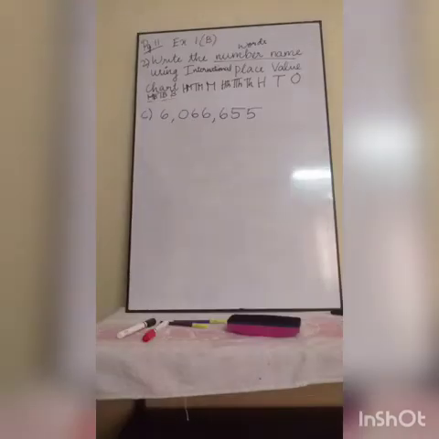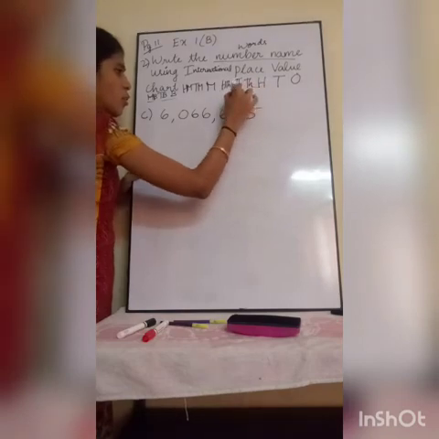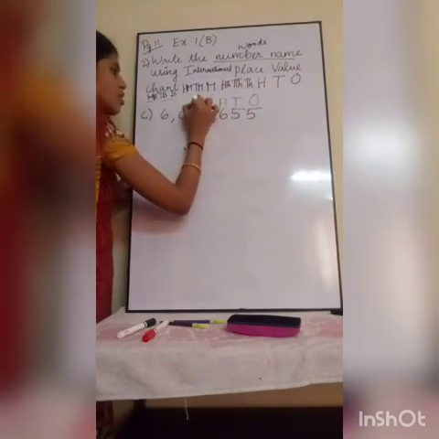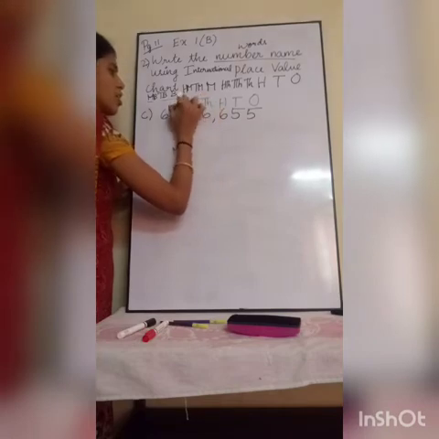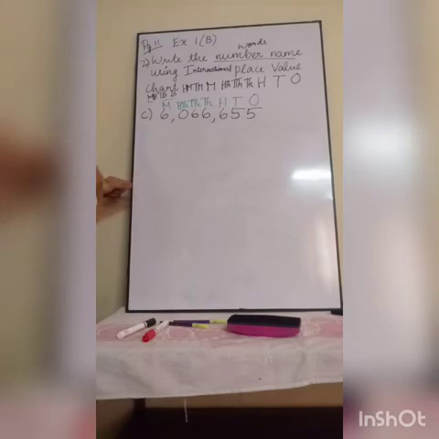Understood? Next is your C question in the second Roman numeral. There also we are going to write the number name using the international place value. So I am going to write the place values above this number: ones, tens, hundreds, 1,000, 10,000, 100,000, million. These are the place values for the international system.